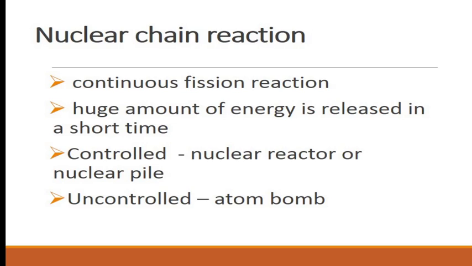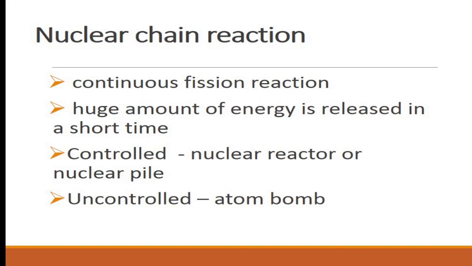And you know that in each reaction 200 MeV is released. So a continuous fission reaction produces a huge amount of energy in a very short time. And we can control this energy or control this reaction.